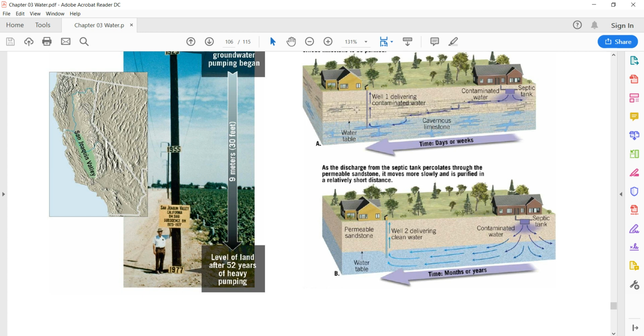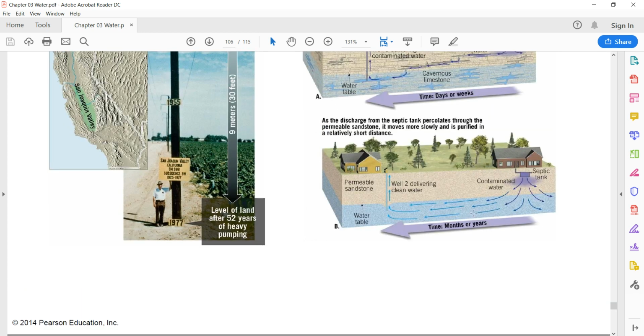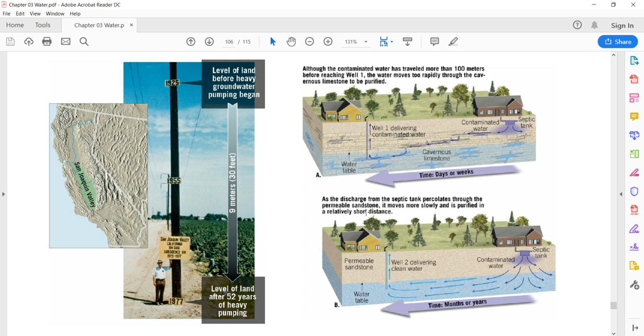Right, so it can quickly reach the drinking water well, and how quickly this contaminated water will spread depends on the permeability of the aquifer through which the groundwater is flowing.